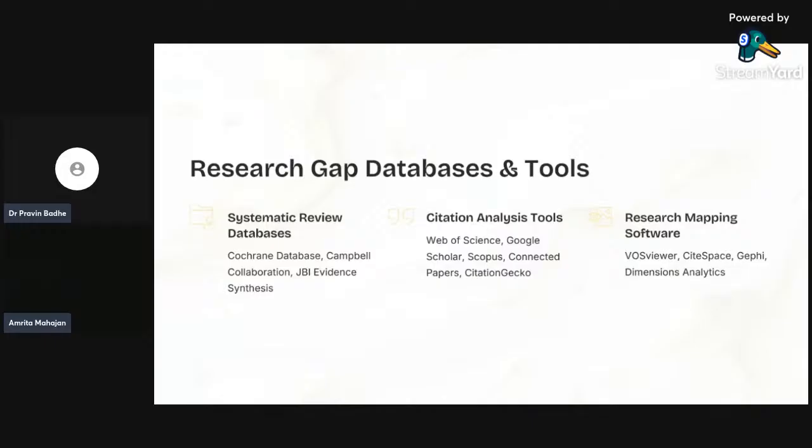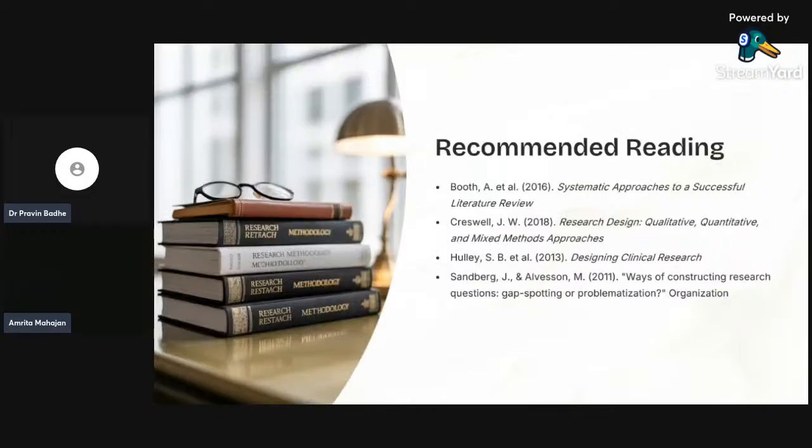And the next one is research mapping software. This category is advanced visual analysis. These maps show clusters of highly cited papers or populated topics, and connections between different concepts that you might want to discover further.